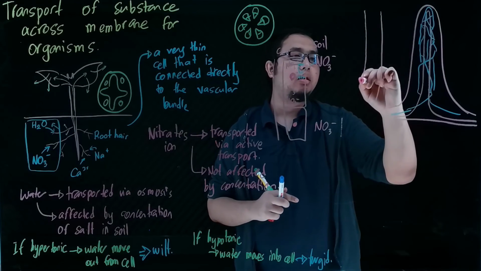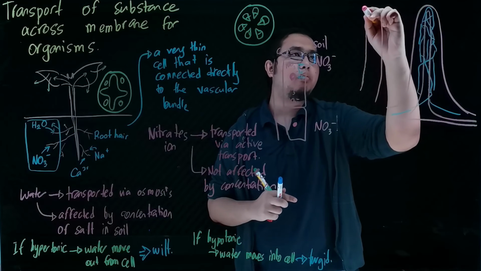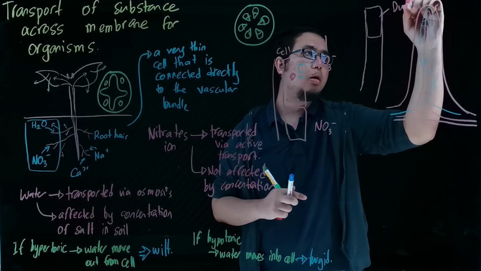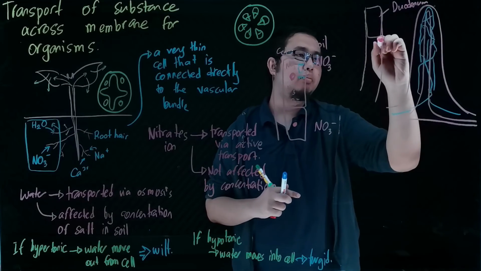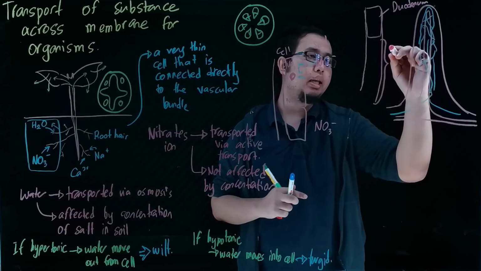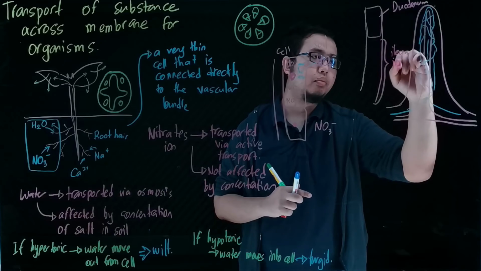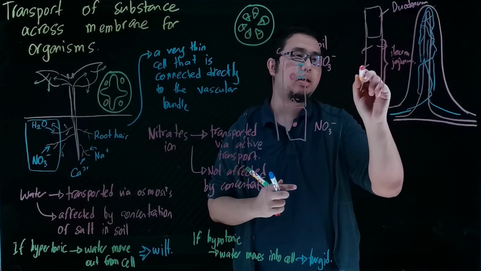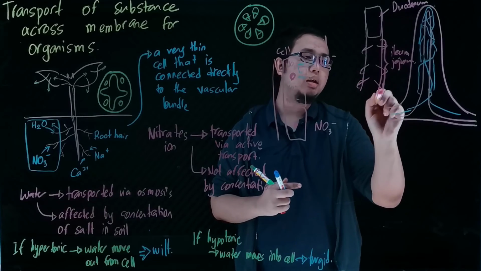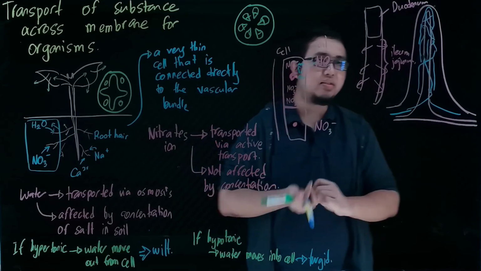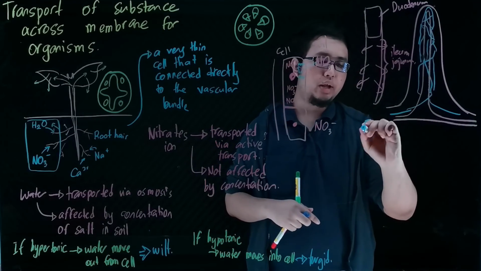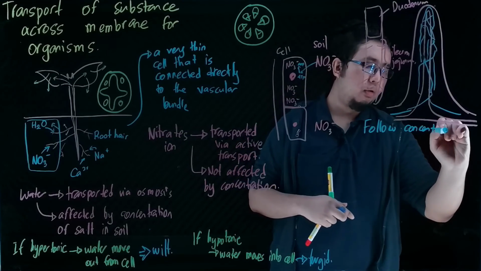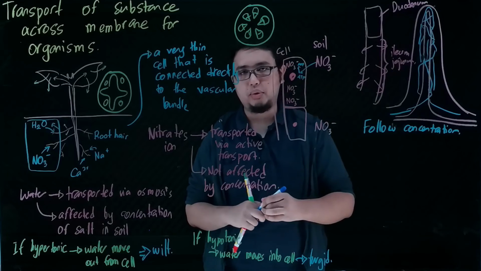The digestion by enzymes mostly happens in the duodenum, and the absorption occurs in the ileum and jejunum. So absorption occurs mostly in these two structures, and the absorption of substances follows the concentration gradient.